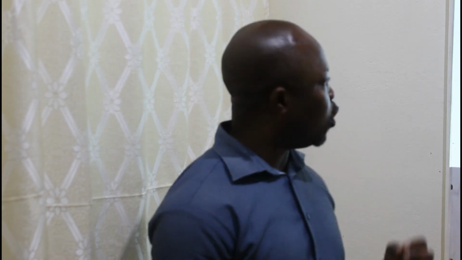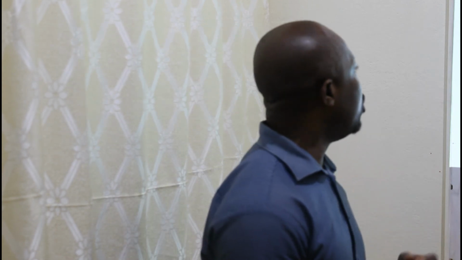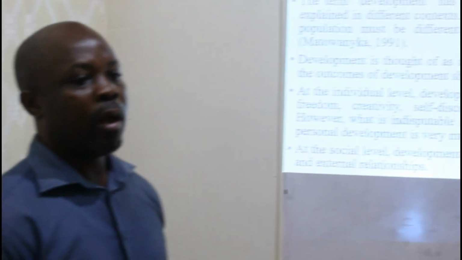At times when you go to villages and communities to do enumeration, people need to understand the purpose for which the enumeration is being done. And if they don't have enough information regarding that, some people even decline giving information. And that is a challenge. And so it is advisable that any time we are doing population census, the objective for doing that is well spelled out. Thank you.